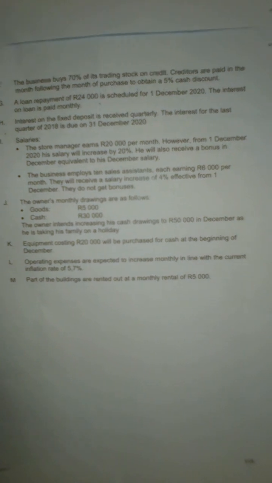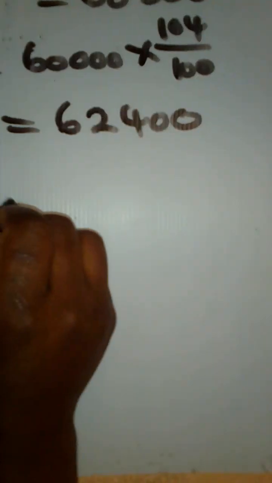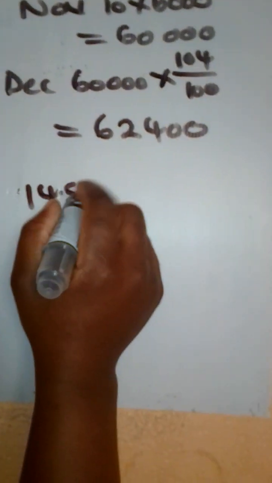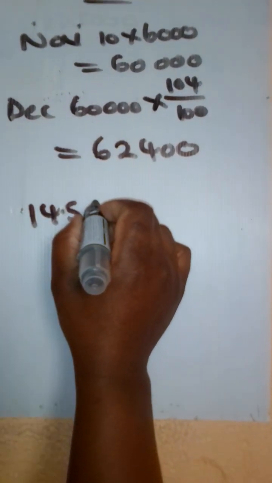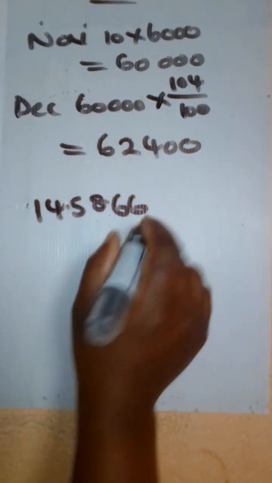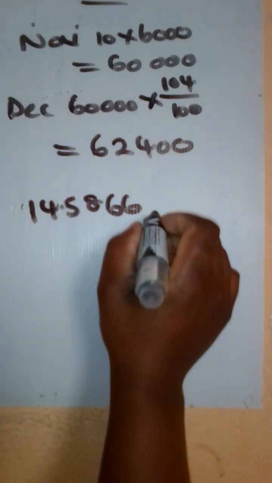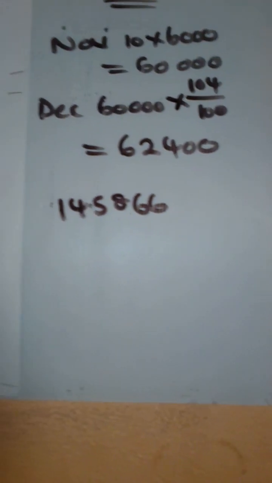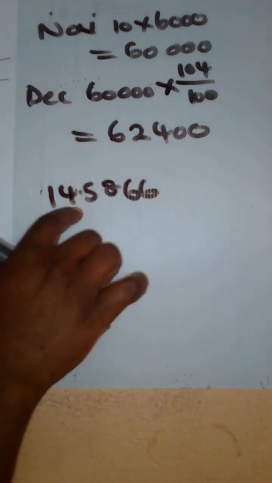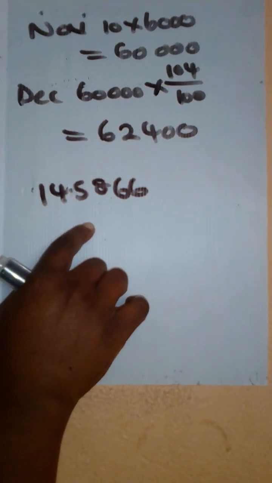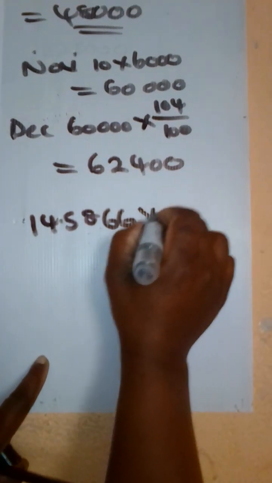Okay, so let's do the calculation. We have got 145,866. Okay, and then we want the 100% amount without the 5.7. Remember, this amount has got the 5.7%. Okay, so we are going to say times 100.